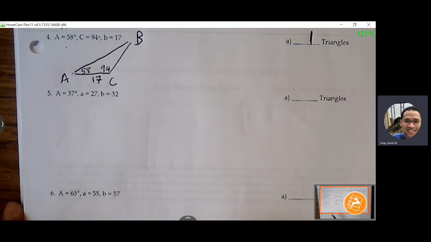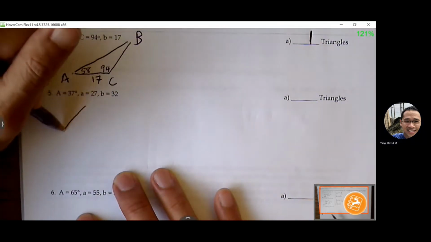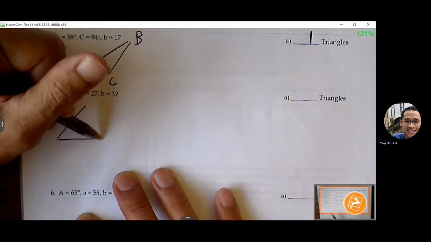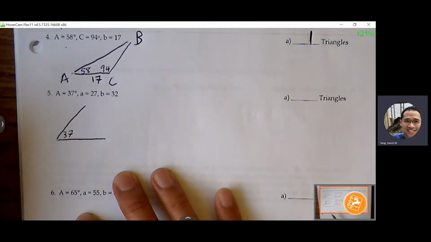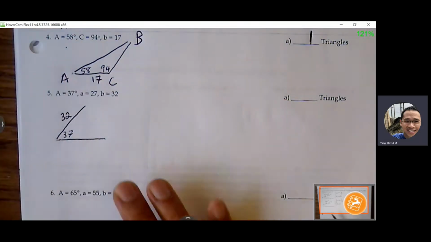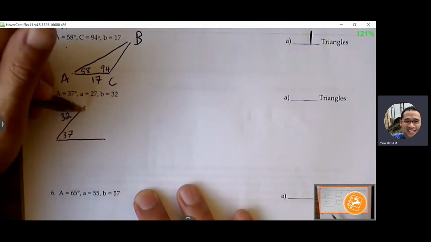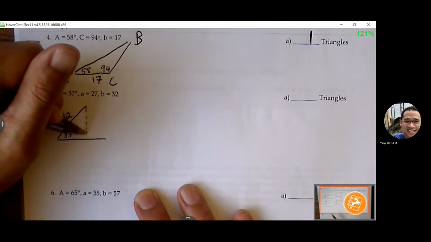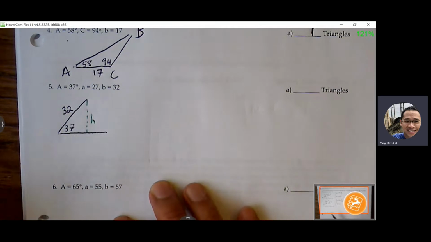All right, number 5. Let's see what happens with number 5. Okay, first things first, right? Drop that vertical altitude and see what we can conclude based off of that height.